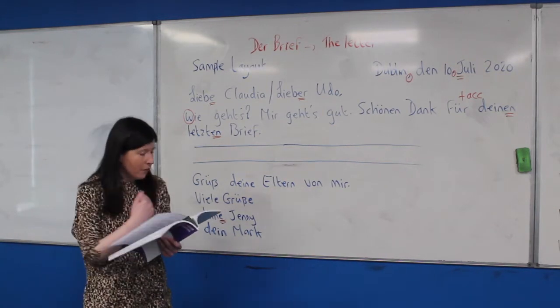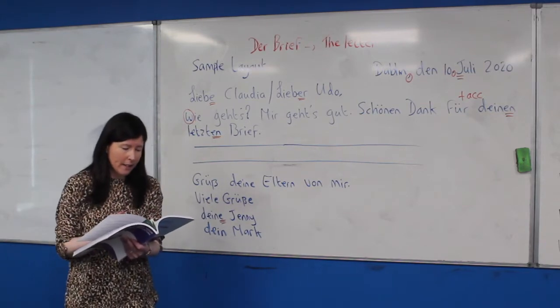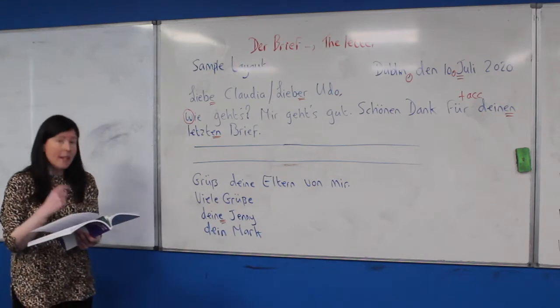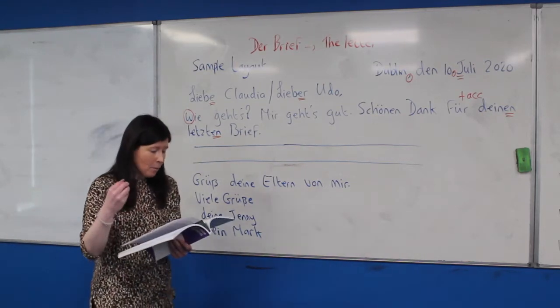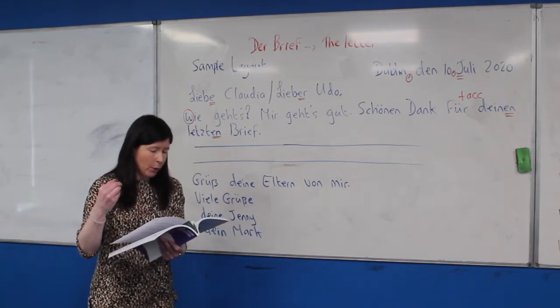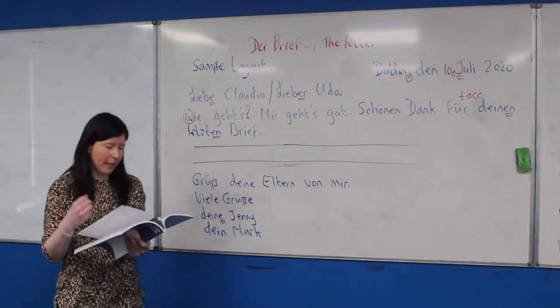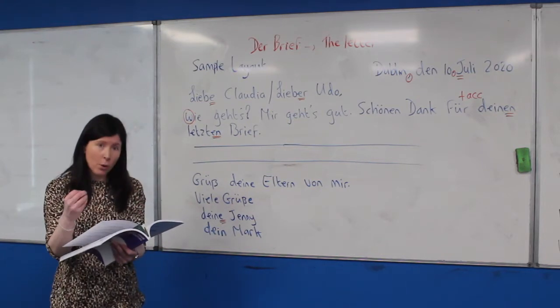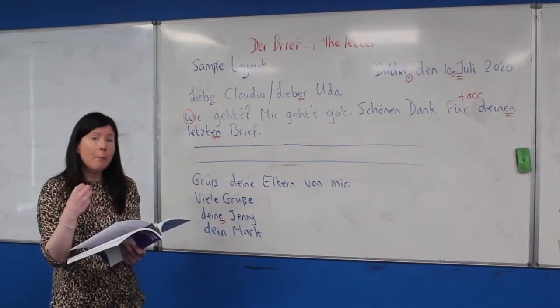Then we have again there vielen Dank, that is schönen Dank. You could say vielen Dank für deinen letzten Brief. Say if you read in the letter that there was a surprise, they got some surprise, or you sent them something and it's a surprise, you could start with schönen Dank für deinen Brief mit der Überraschung.